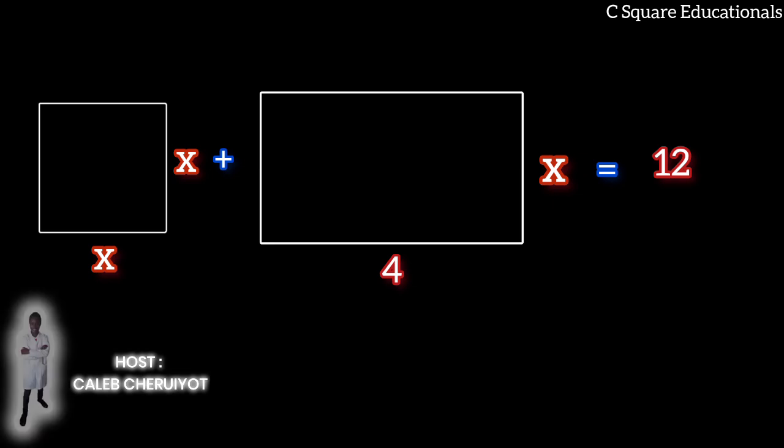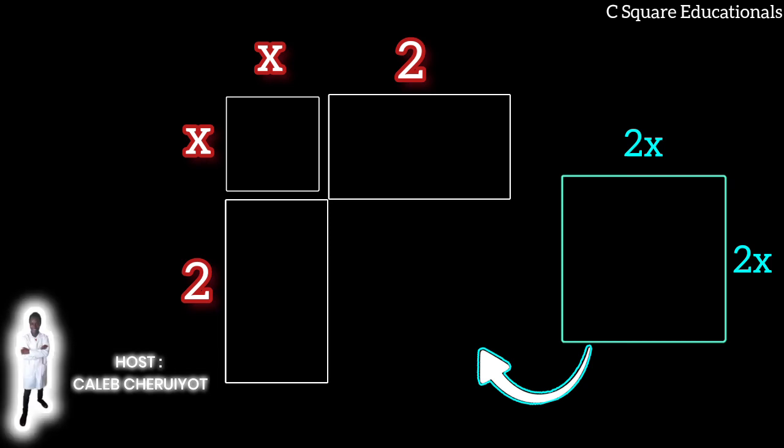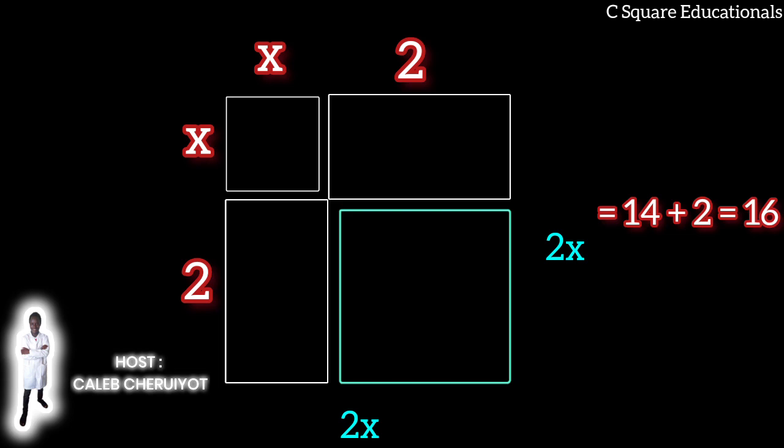You would then reorganize these two rectangles with that first square with side x to form a bigger square with side x plus 2. This square is not complete. To complete it, you would need to add a square of side 2, which is missing in the corner. Then, because you have added 2 squared on one side of the equation, you will also add another 2 squared on the other side to get 16.